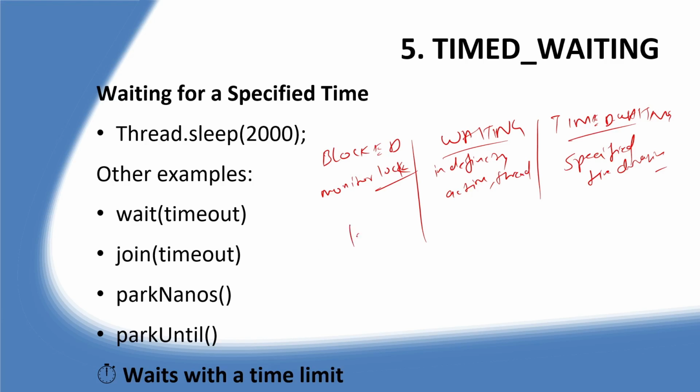So for blocked, think lock. For waiting, no time limit, it is waiting for another action. And for timed waiting, think there is a specific time. If you remember these three ideas, distinguishing these states becomes much easier.